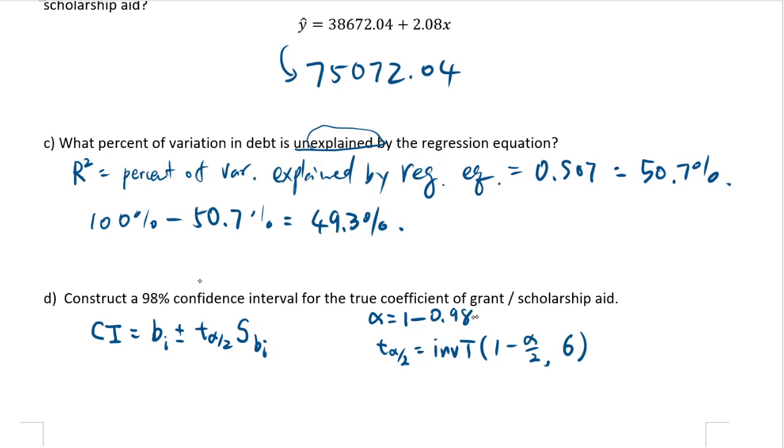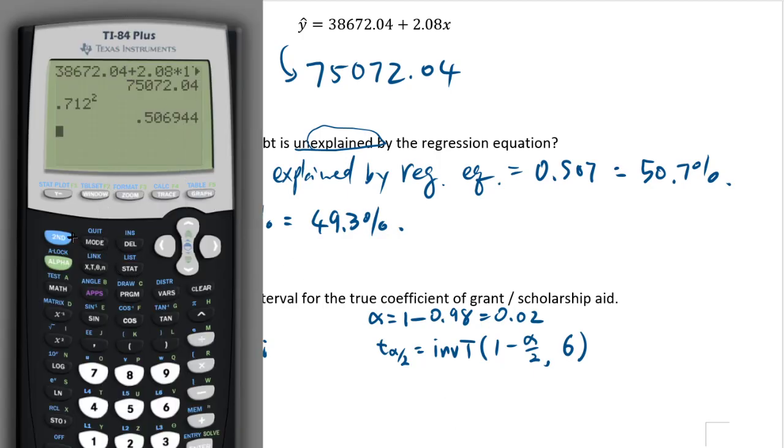So that's what you have to do. Alpha is 0.02, so let's use our calculator to find that value. Second vars, you go to inverse t, and you do 1 minus 0.02 divided by 2, and then degrees of freedom will be 6, and then you press enter, and the value is 3.14266.